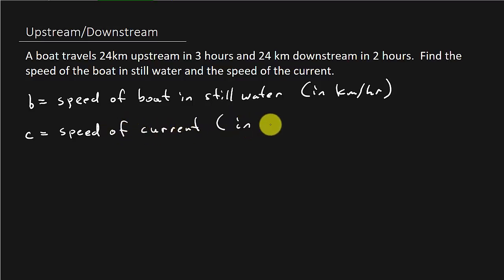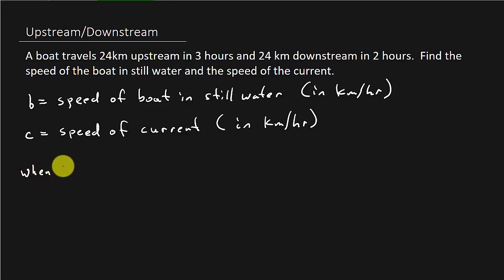And that's going to be in kilometers per hour. Now, we could have used X and Y. It doesn't matter. You can use whatever letters you want. I just use B for boat, C for current. Just easier to keep track of.